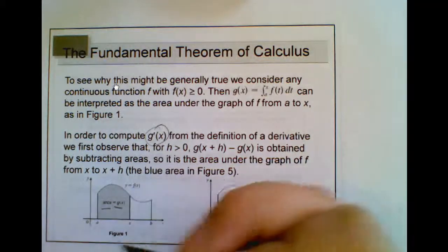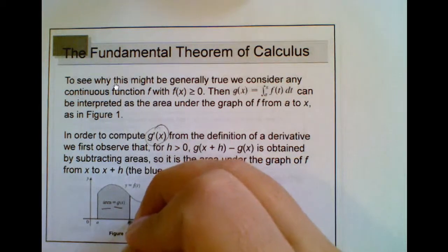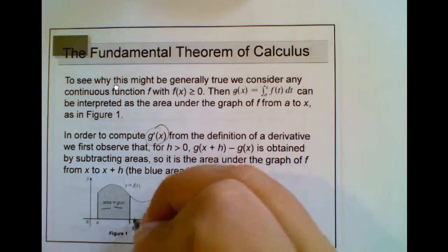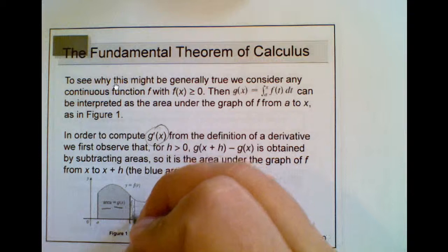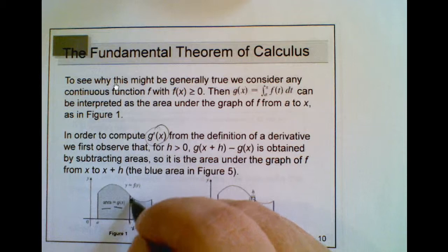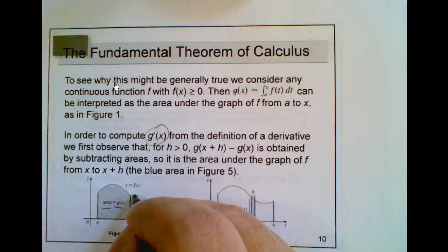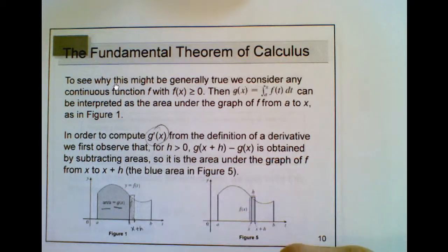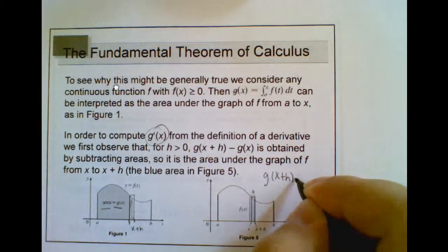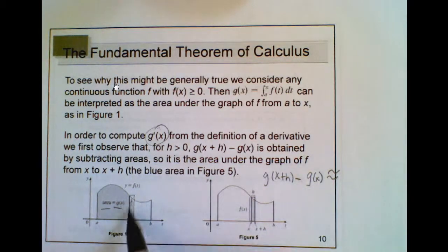So I want to know the difference between the areas between x and some small amount that we have seen how to deal with, x plus h. The difference in the areas between x and x plus h is given by the area of this almost a rectangle. But it's not quite a rectangle because you will be missing this little corner right here. So approximately the difference between the area up to x plus h minus the area up to x is about the area of this rectangle.